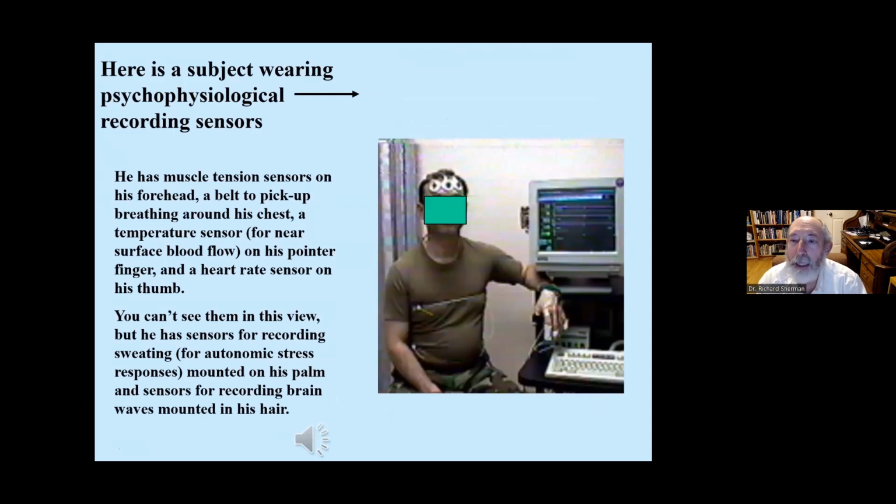So let's say that we're going to do an assessment of somebody who's hurting. If you're breathing incorrectly, we can record your breathing by having a belt around your chest and your abdomen. If you breathe slightly too quickly, habitually, we're not talking about hyperventilation here.